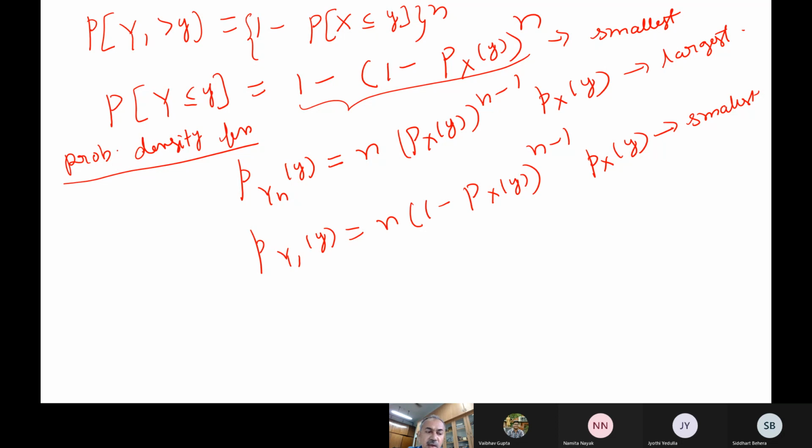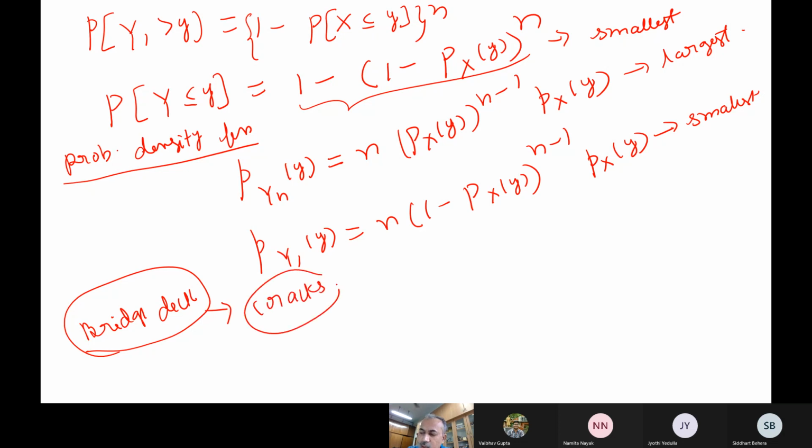So this is how the extreme value distribution comes into the picture. To quickly check that you followed, here is a nice problem, one example. We have a bridge deck with a lot of cracks, and somebody has detected 10 cracks.